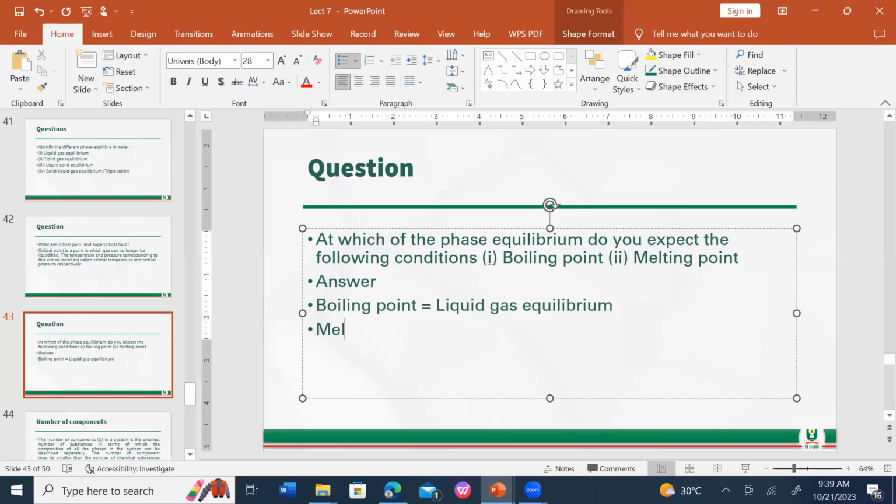And the melting point will correspond to where solid changes to liquid, and that will be solid liquid equilibrium. So that is where they will actually be found.